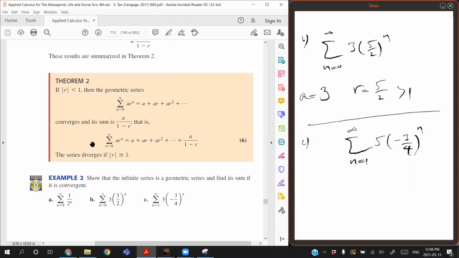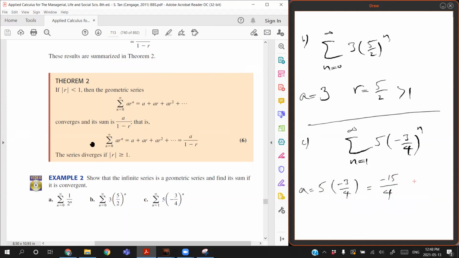So this is going to be convergent. Now, let's find the first term. The first term is when I plug in 1 in the general term. So what happens if I plug in 1 into this? I get 5 times negative 3 over 4. That's going to be negative 15 over 4. So that's my a, the first term.